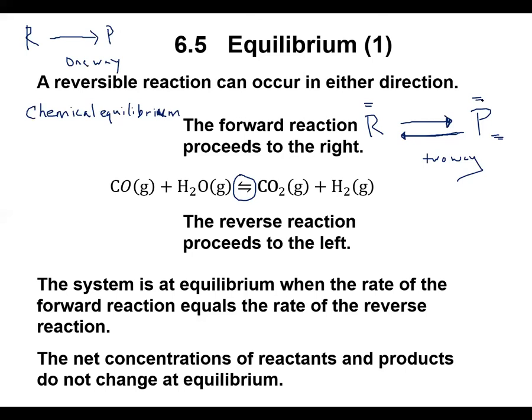When somebody says that this reaction has reached equilibrium, what they are actually referring to is that the rate of the forward reaction will equal the rate of the reverse reaction.